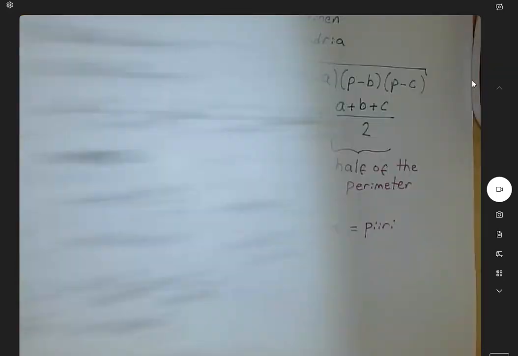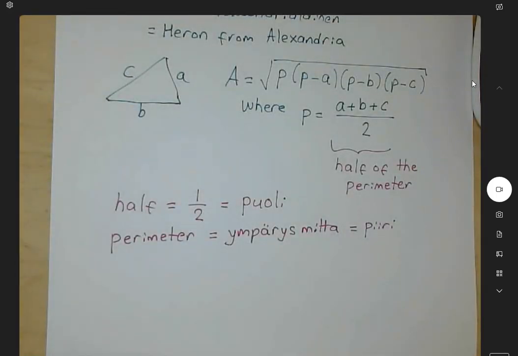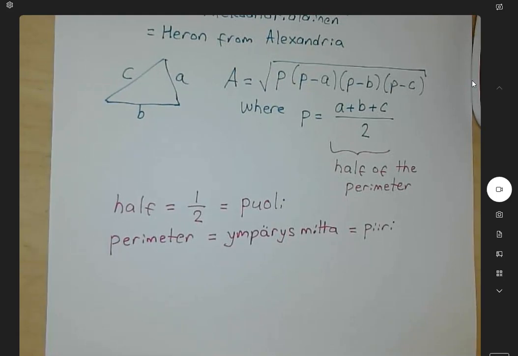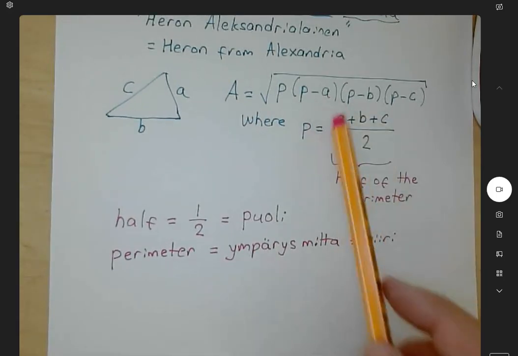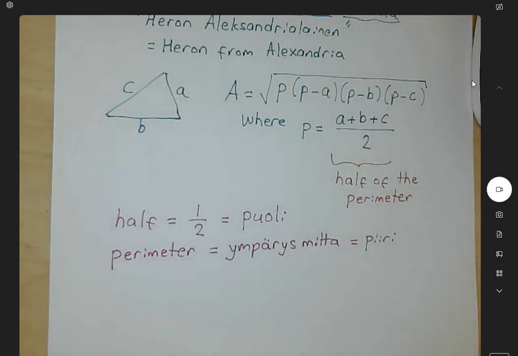So the perimeter of a triangle, it doesn't matter whether it is a right angle triangle or scalene. This formula works in every triangle. Not only necessarily a right angle triangle, every triangle it works.